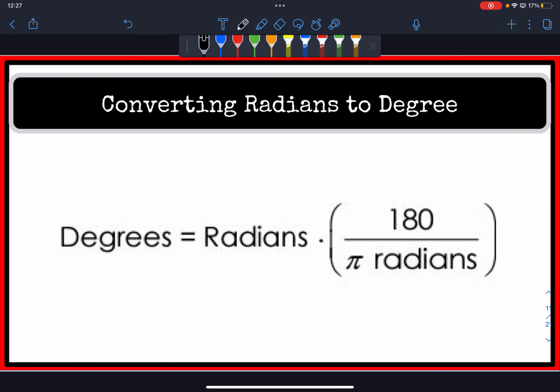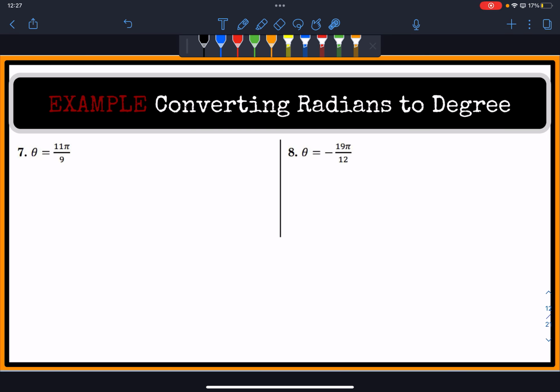Now, going in the opposite direction to convert radians to degrees, we're going to get our radian angle measurement and multiply it by the reciprocal of that conversion. So 180 over pi radians. So for example, to convert 11 pi over 9 radians, we're going to multiply by 180 degrees over pi.